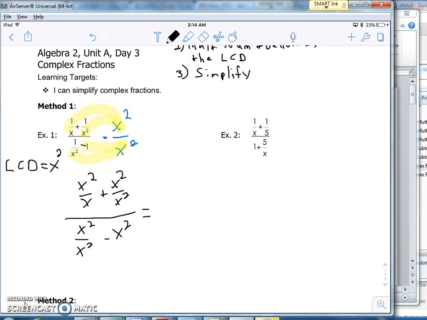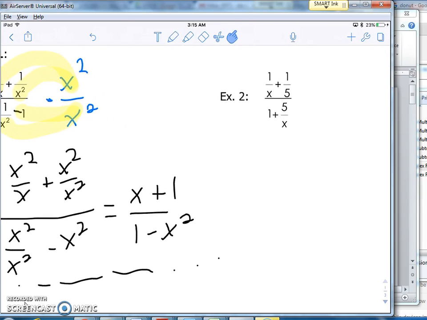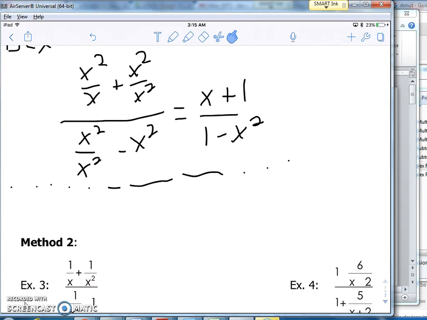So x squared over x becomes x plus 1. x squared over x squared becomes 1 minus x squared. And although this denominator is not in the order we're used to, it is still a difference of squares, so we're going to put a dotted line here. Maybe we'll need it. We're going to factor this to 1 minus x and 1 plus x.